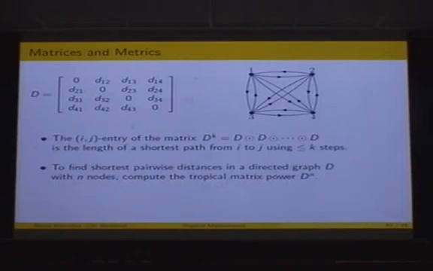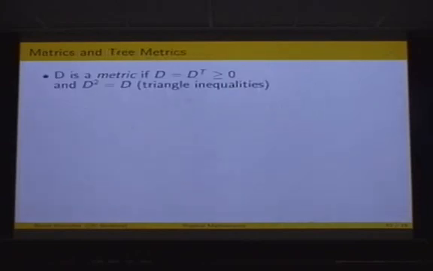So let's talk a little bit about metrics. Such a matrix D is a metric space. Well, I would like it to be symmetric. So in a metric, I would like the distance from Seoul to Busan to be equal to the distance from Busan to Seoul. That's good.